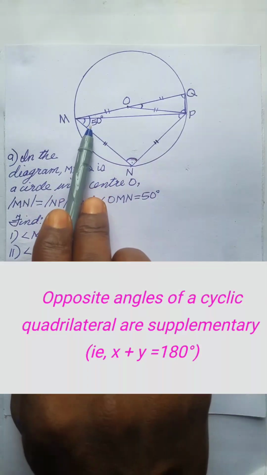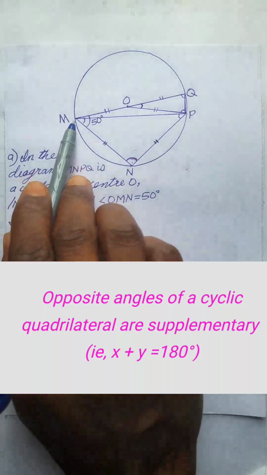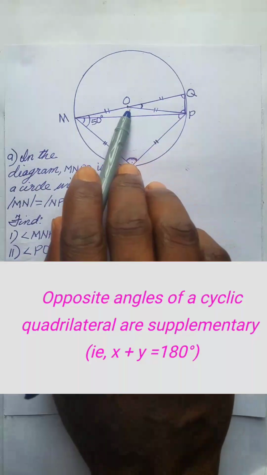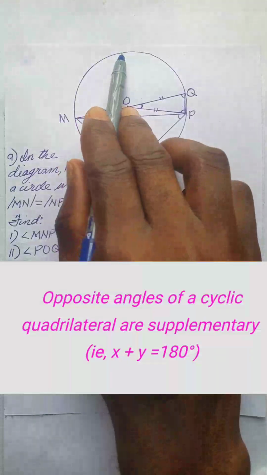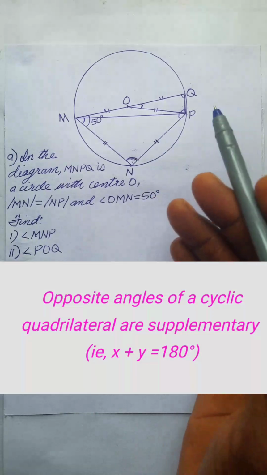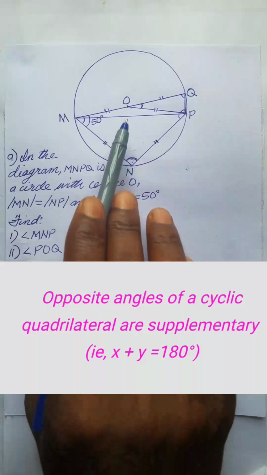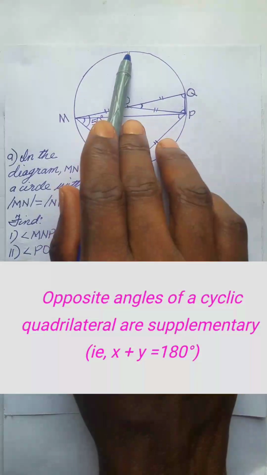This is equal to the opposite of the cyclic quadrilateral. Now, don't make the mistake and think that this is your cyclic quadrilateral. No. This is not your cyclic quadrilateral, because this has not touched the circumference. A cyclic quadrilateral is just like a quadrilateral that you know, a four-sided figure, but all the four vertices must touch the circumference.